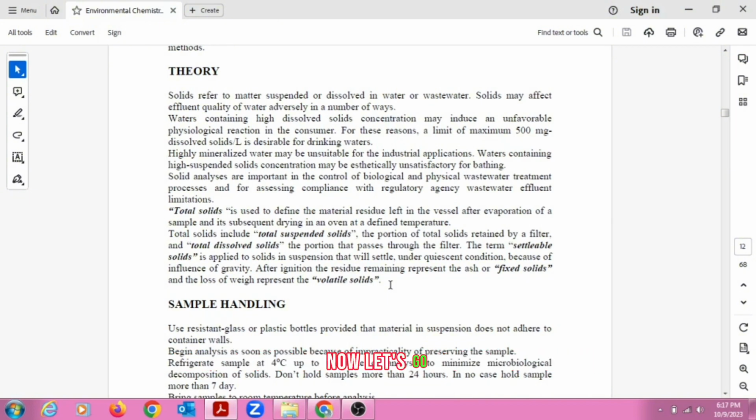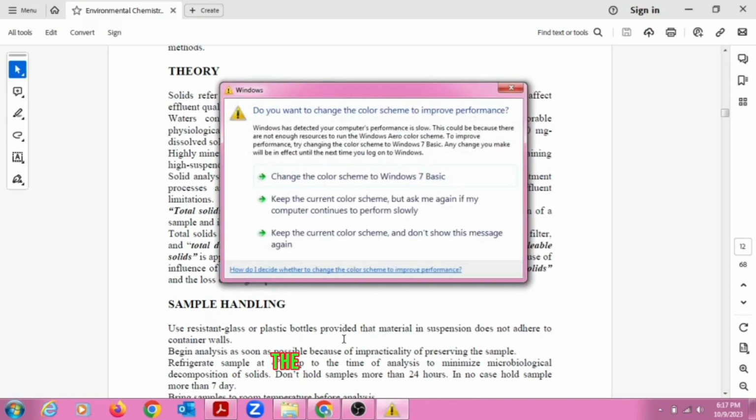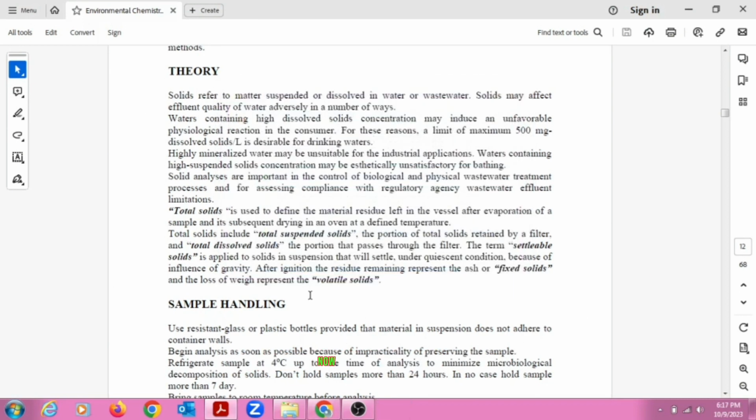Now let's see how we will carry out the experimentation. Usually the samples that we are going to collect should have some solids, and we have to make sure that the samples are well homogenized, and we have to refrigerate the sample at 4 degrees C up to the time of analysis.